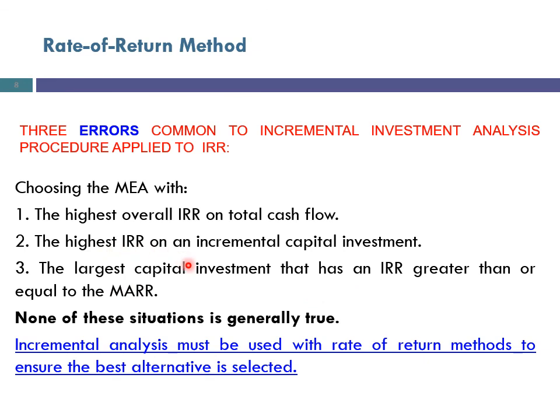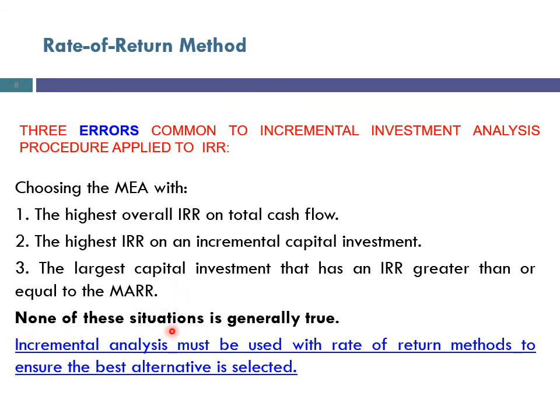You find the project which has the largest capital investment and find its IRR and compare it to the MAR, and you see that the IRR is greater than MAR and it has the largest capital investment, then you say that okay, this is the best project. But no, this is not the correct procedure, and most probably you will end up with a wrong decision here.